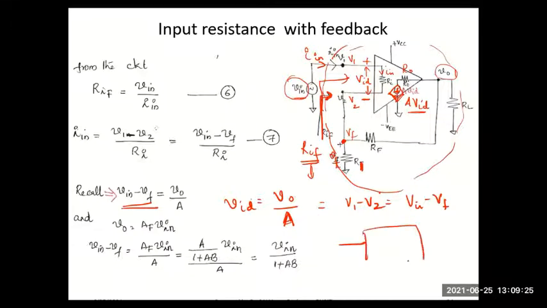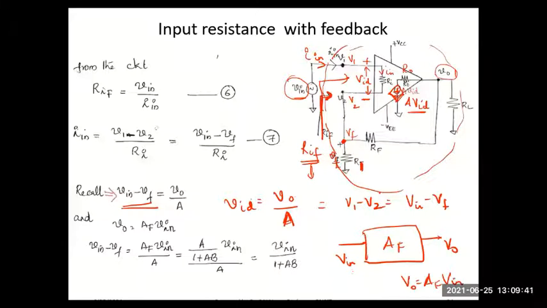See, I'll consider the whole non-inverting amplifier to have a closed loop gain AF. Output voltage is V0, input voltage is Vin. So what is V0 in this case? It is AF times Vin.